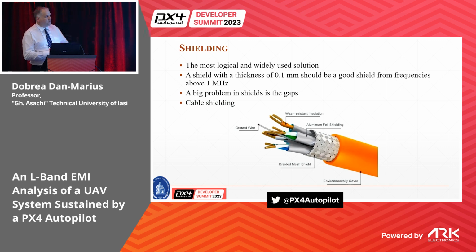But a big problem is the gaps or holes that exist in the shields, mainly because, especially when you work with frequencies higher than 100 megahertz, the effectiveness of your shield is strongly correlated with the gaps. In the same way, you can shield the cable.